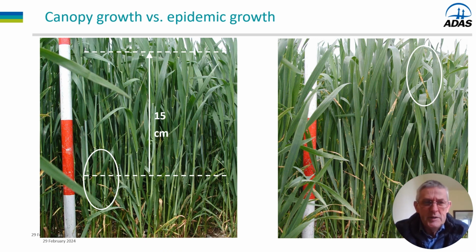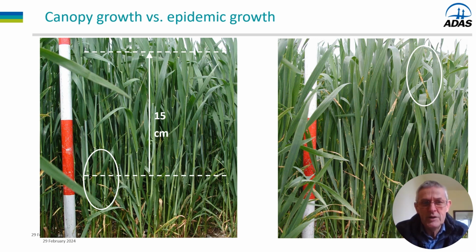These images were taken in two plots of wheat breeding lines that varied in architecture to some degree and also in disease resistance. It was taken at growth stage 39 when the flag leaf has just emerged. We need to look very closely here. If we look at the left-hand image, the highest Septoria lesions are in that white circle down the canopy, whereas the flag leaf is emerging somewhere near the top dotted line, and there's about 15 centimeters of separation vertically between those two.